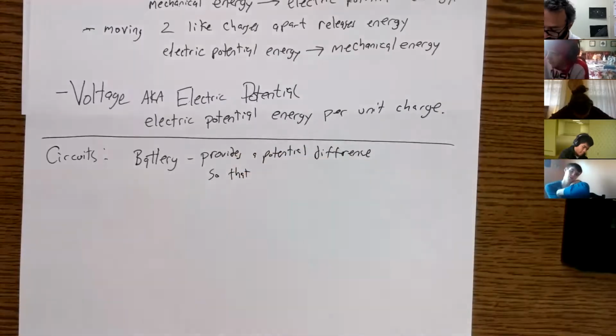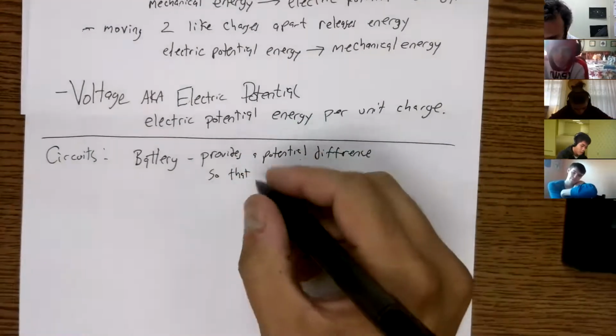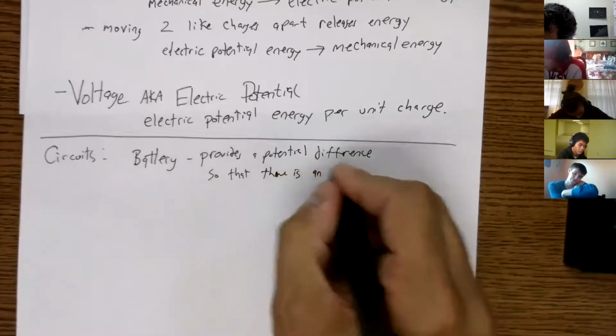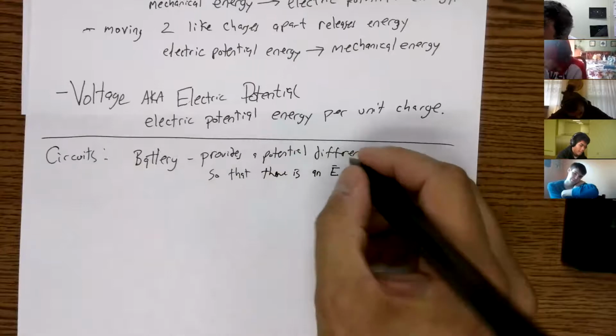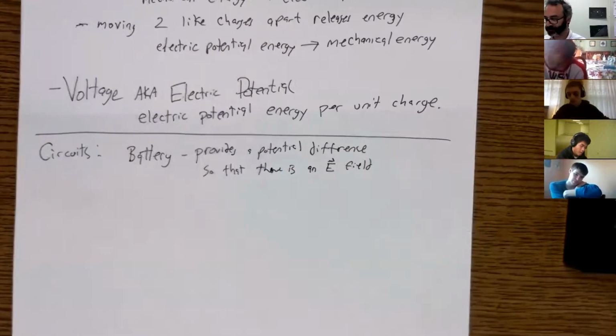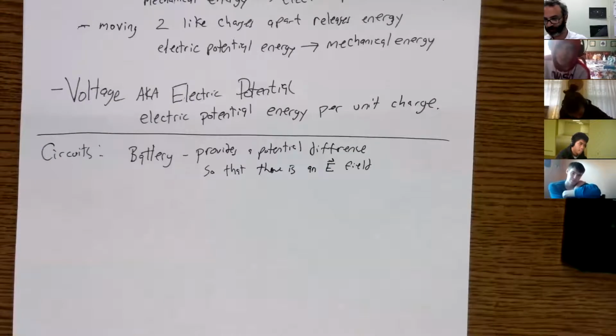Although that electric field goes away when the current starts flowing, but that's not important just yet. If you take a battery out of a circuit, there's no more potential difference, so there's nothing to make the current flow, so nothing happens.